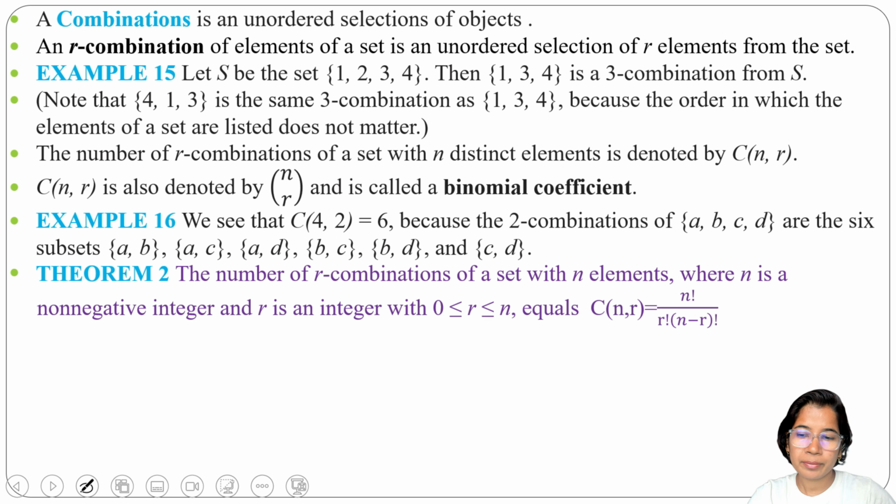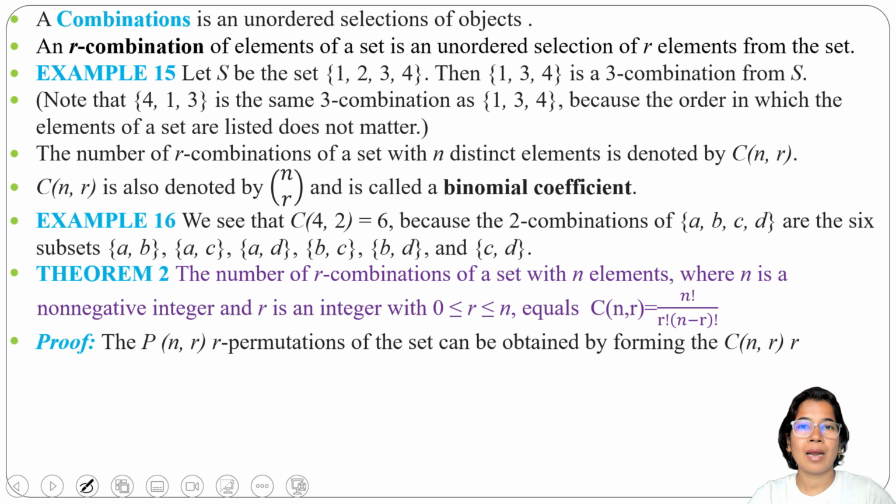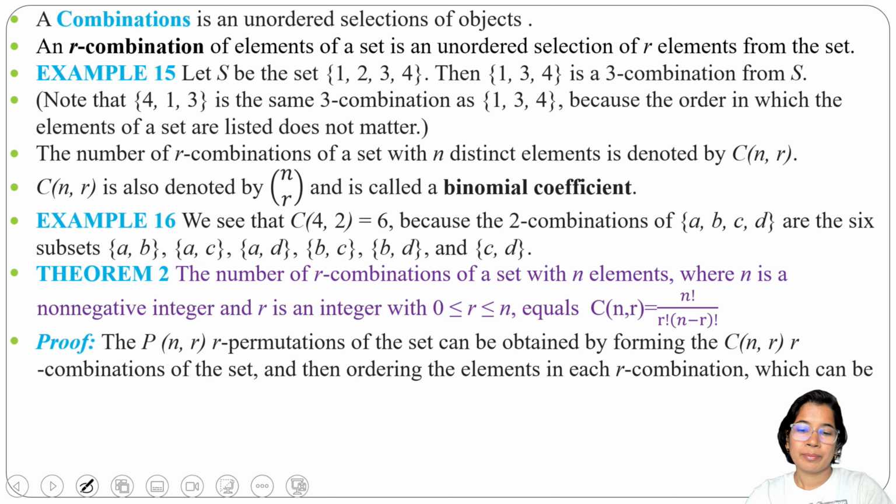Now the proof of this formula. The P(n,r), that is the r-permutation of this set, can be obtained by forming the C(n,r), the r-combination of this set. First we select r elements, then we order those r elements. The selection of r elements from n is C(n,r), and the ordering of those r elements we can do in P(r,r).